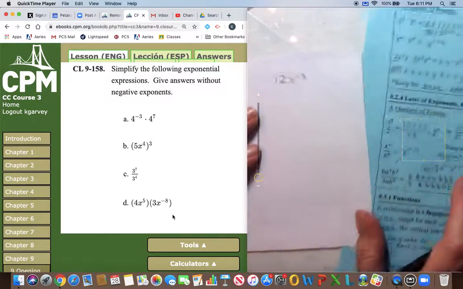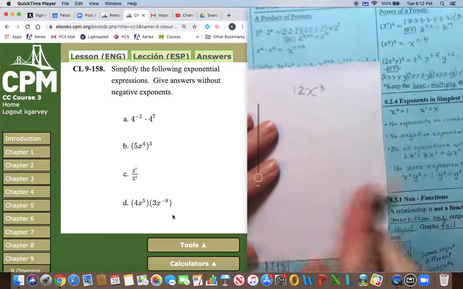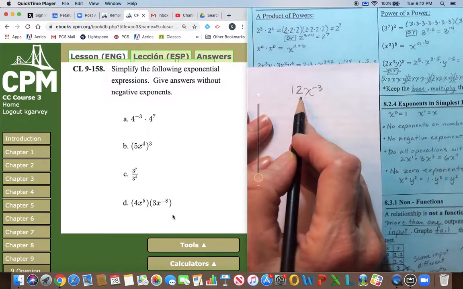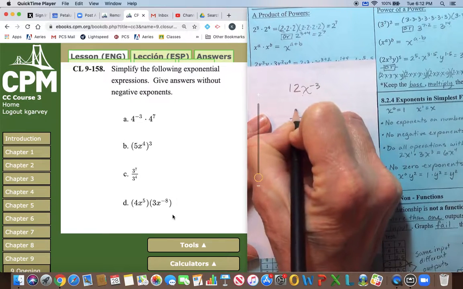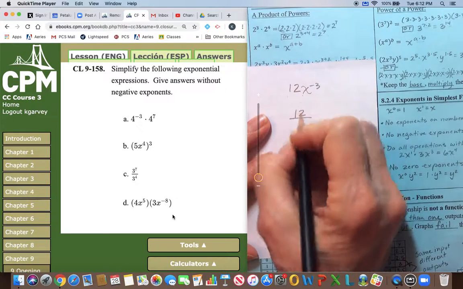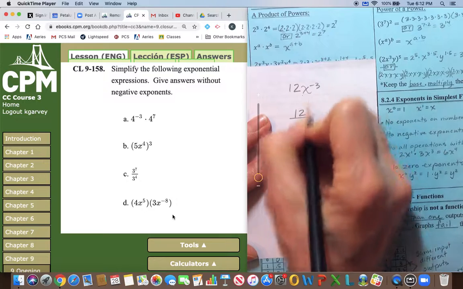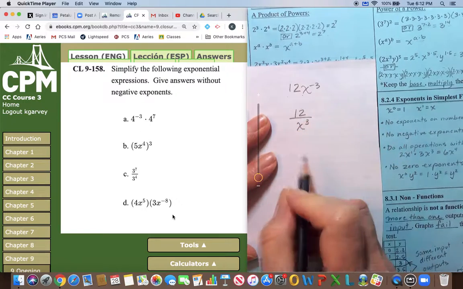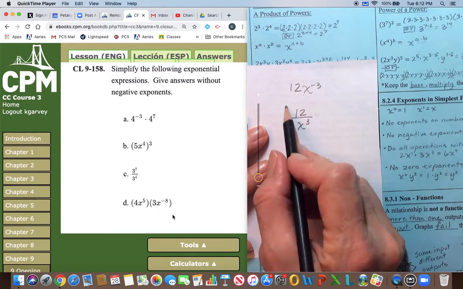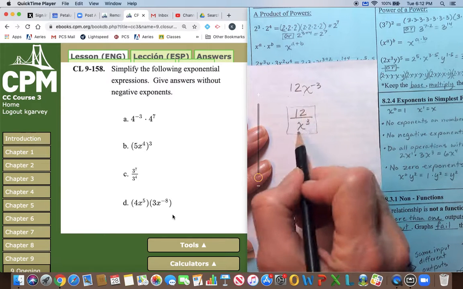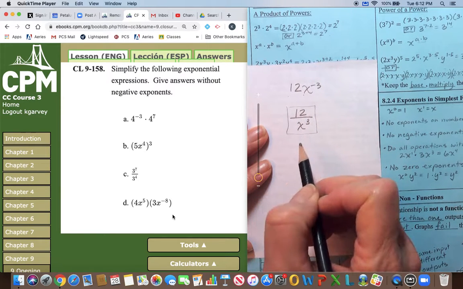But because we have a situation where we've got a 12 as the coefficient, what we can do is leave the 12 on top and then put the x to the 3rd power below the line. And so this is our final answer, which is 12 over x to the 3rd power.